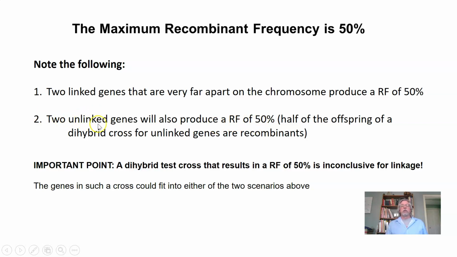For two unlinked genes in a dihybrid test cross, half of the offspring are going to be recombinants simply by virtue of independent assortment. So, key point. If you do a dihybrid test cross, and that gives a recombinant frequency of 50%, you can't conclude if the genes are unlinked or if they're linked and very far apart. 50% is inconclusive for these two possibilities.